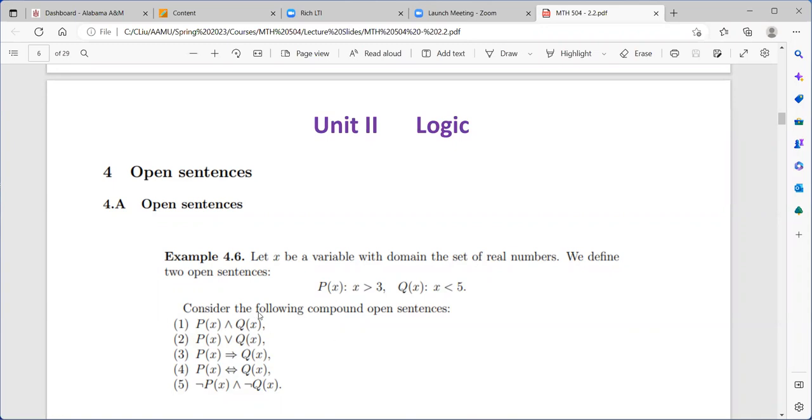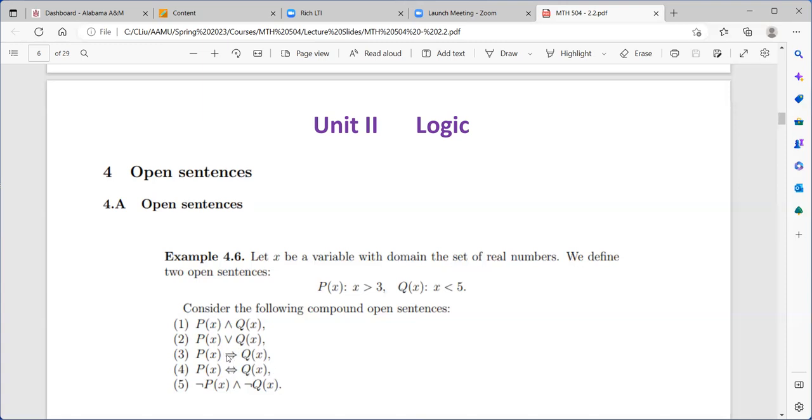So we have 5 compound open sentences here. We can take the conjunction of P of x and Q of x. We can take a disjunction of P of x and Q of x, or we can make a conditional open statement from P of x to Q of x, or, I don't remember what it's called, maybe the converse conditional, from P of x and Q of x.